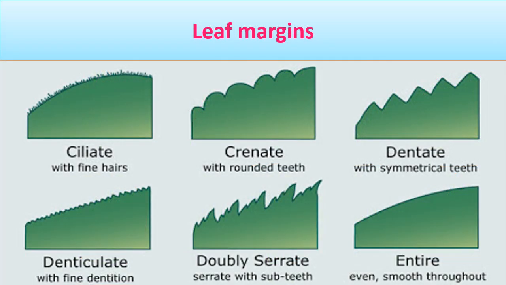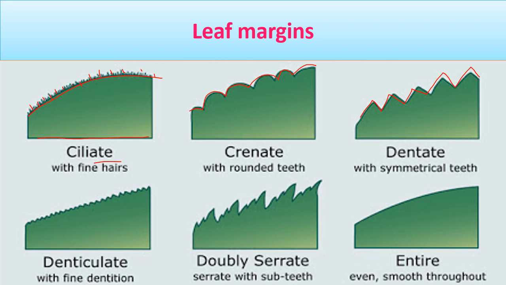Then leaf margins. If you see, this is a midrib, this is a margin, and here you can see small hair like structures, that is ciliate. Then here you can see crenate margin, which is semicircular. Then dentate margin, that is like the points of teeth.